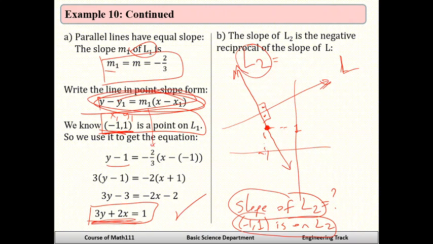The slope of L is minus 2 over 3, and the slope of L2, let's say M2. We know M2 times minus 2 over 3 is equal to minus 1 because of the perpendicularity. So M2 will be minus 1 over minus 2 over 3. The slope of L2 is the negative reciprocal of the slope of L.